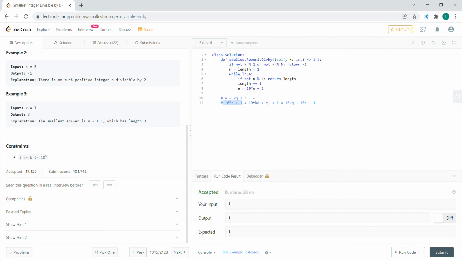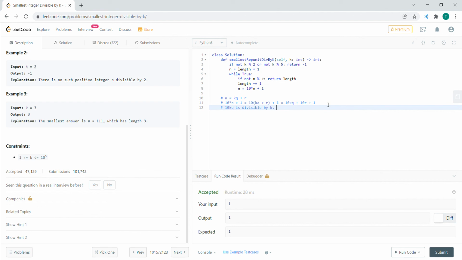It depends. If this first term is divisible by k, I'll just write it out: 10kq is divisible by k.